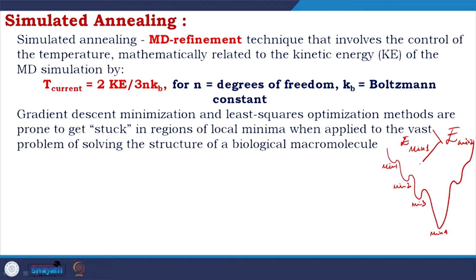So, minima 1, 2, 3 are local minimas and minima 4 is the global minima. Simulated annealing is the process where you have to overcome those local minimas.